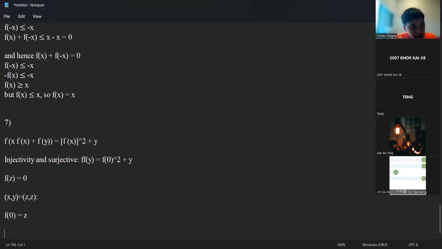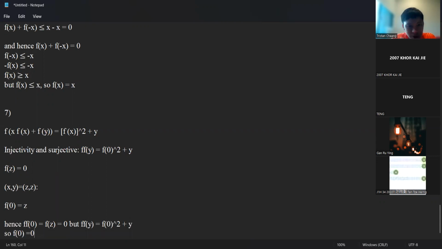Okay, and hence ff0 is fz is 0. But ffy equals f0 squared plus y. So f0 is 0.